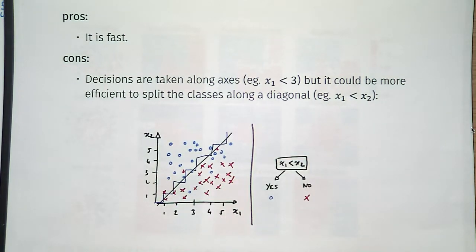And your decision tree will be horribly inefficient on that particular instance. So the performance of your decision tree depends somehow on the way the data is set up. And if you rotate your data, then you will be much more inefficient.